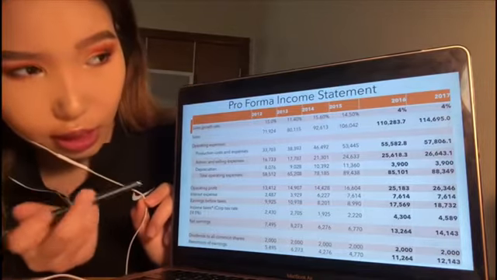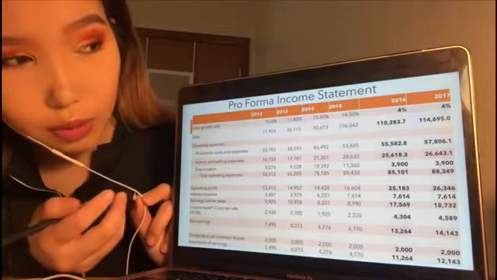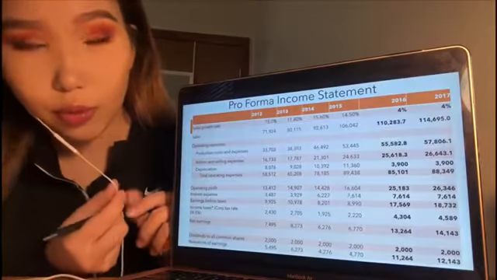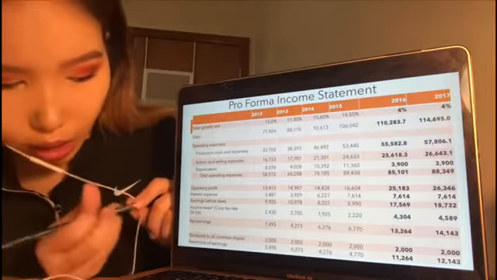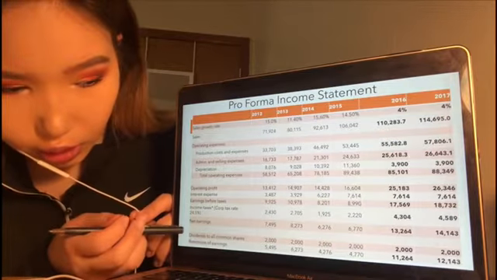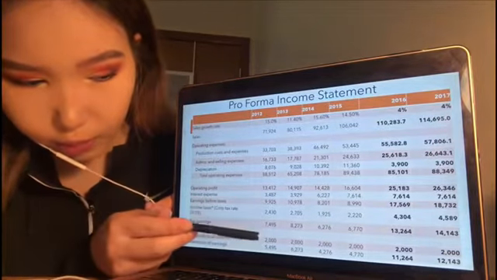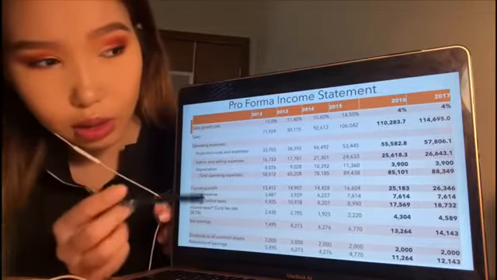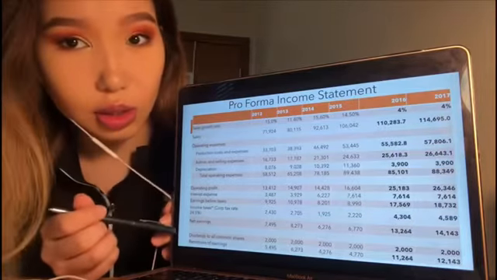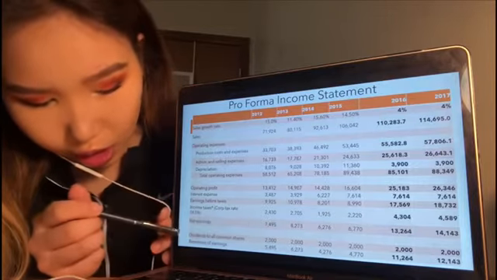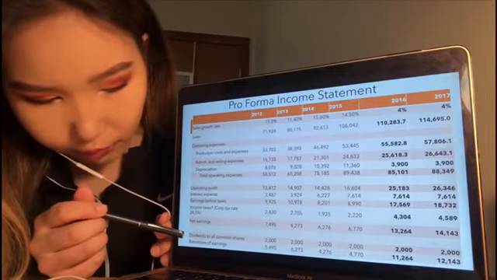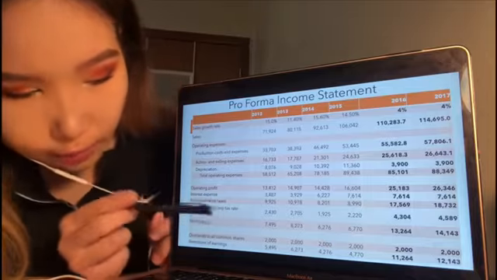Everything else was increased by 4%. Also for the dividends, we used 2 million, and the numbers in this chart are in thousands, so the 2000 means 2 million. So we decided to keep the dividends at 2 million.